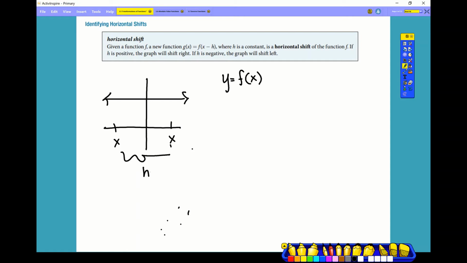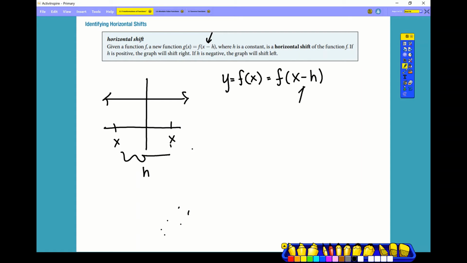Here the sign you'll see is opposite. Originally you would get f of x minus h, but where you want to move it, that's going to change that inside sign. So this changes your x value, so it will shift it left and right.